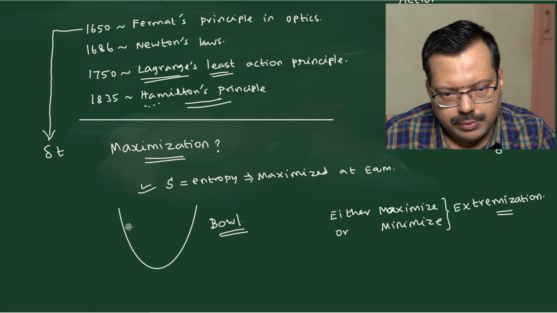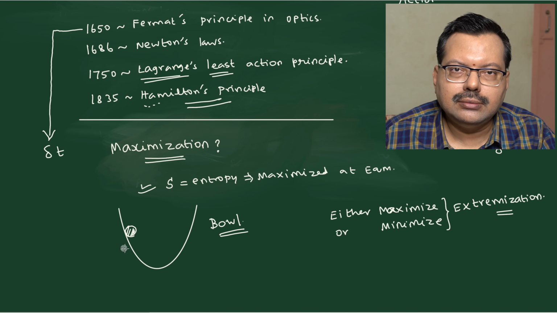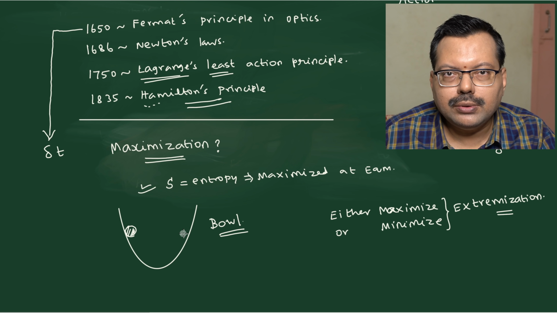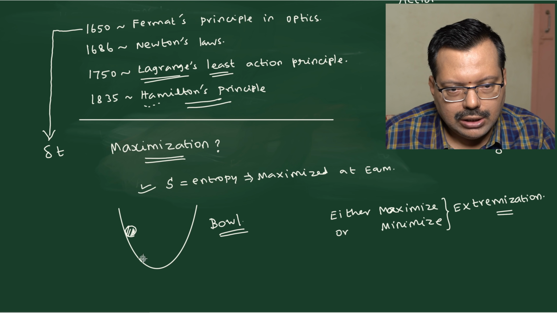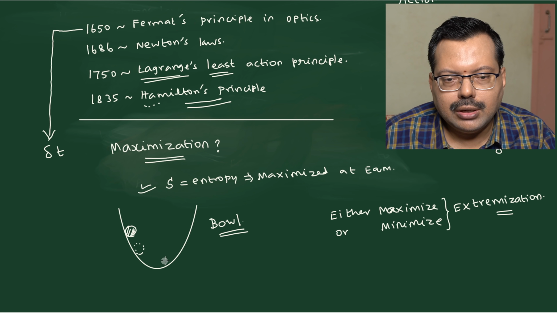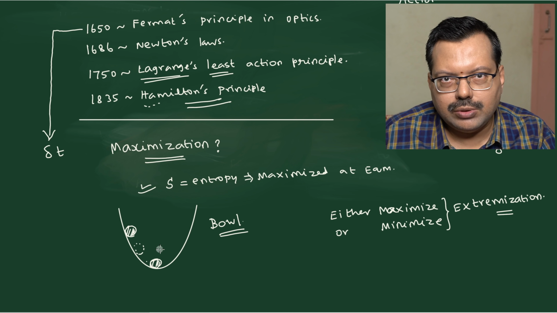Suppose you take a ball, hold it here, and then release your hand. Then the ball will come down, then go up, then again come down and go up, but only up to a lower height each time, and finally it will come to rest here. Why does the amplitude reduce? Friction, air resistance, or whatever it is.